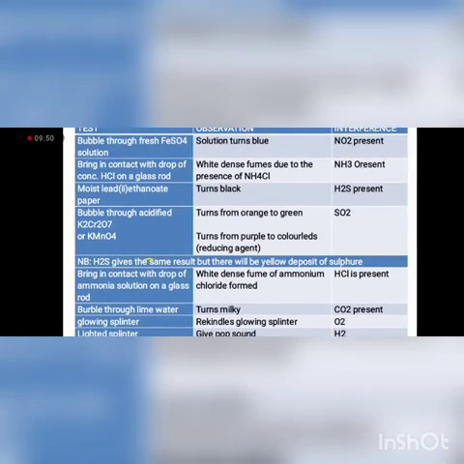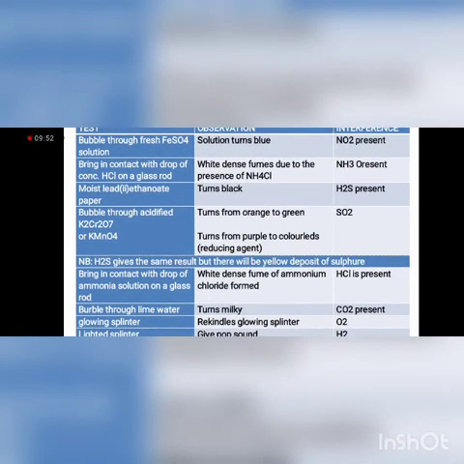If you bubble the unknown gas that you want to identify through freshly prepared iron 2 sulfate solution, and the solution turns blue, that shows that nitrogen 4 oxide is present.